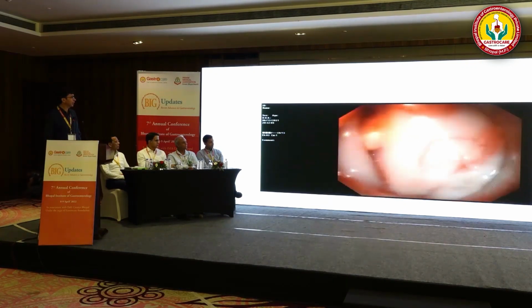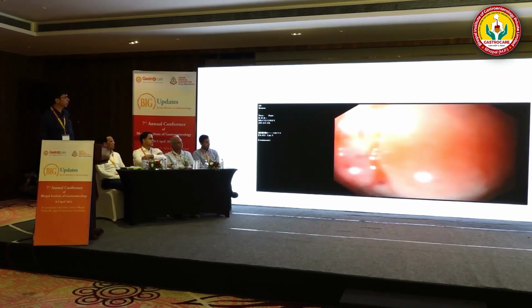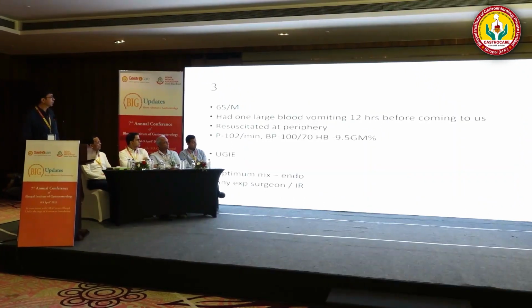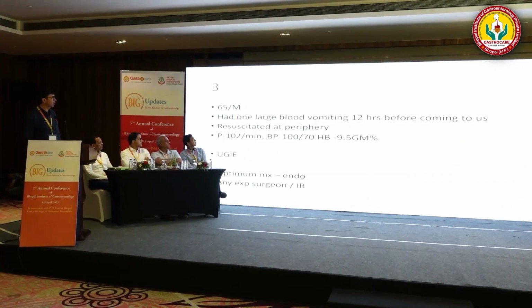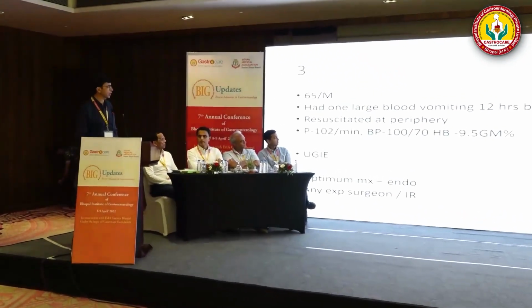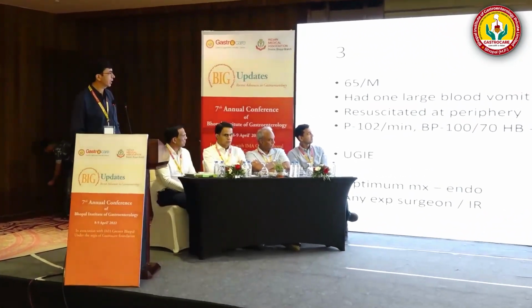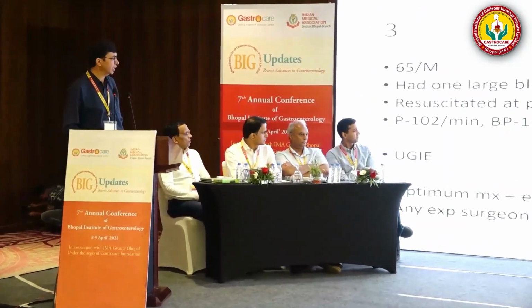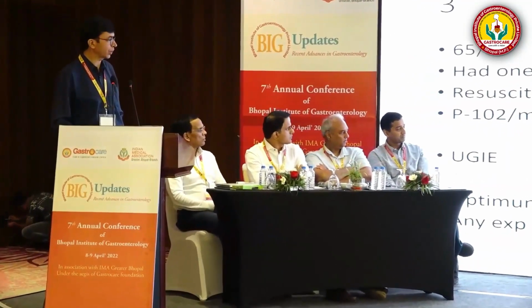So very quickly, this was the second case. Here also we had applied Ovesco, I think we have discussed it. So this is the third case, a 65-year-old male who had one large blood vomiting 12 hours before coming to us, resuscitated at periphery, and he had tachycardia, hemoglobin was 9, and this was the endoscopy.